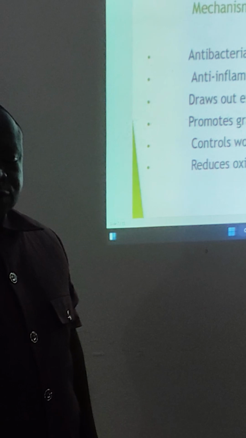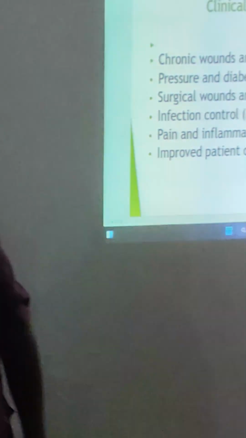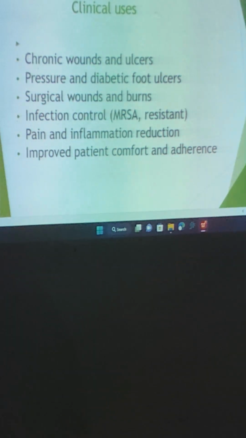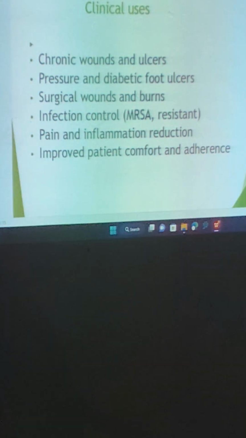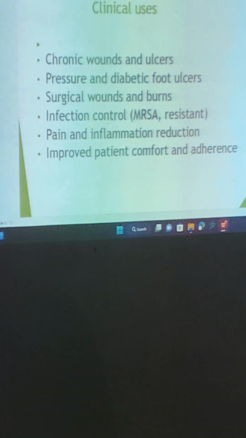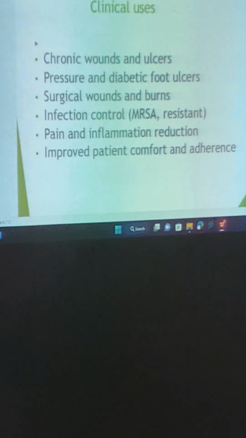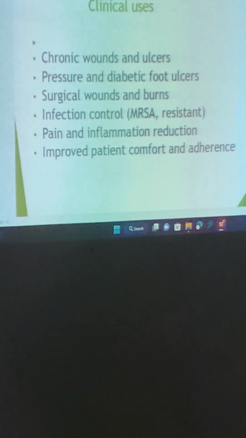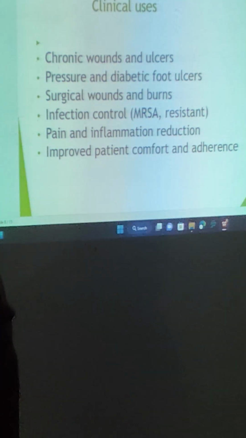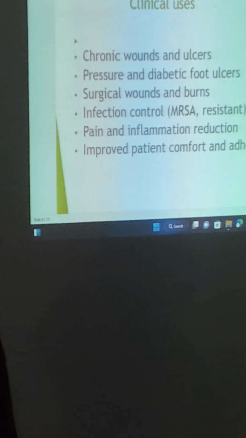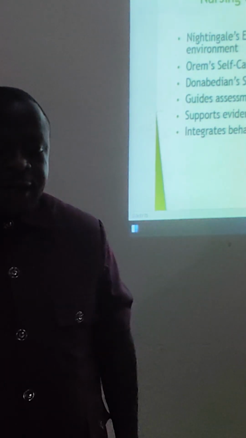It reduces oxidative stress. The clinical use of honey. Honey is used in chronic wounds and ulcers, pressure ulcers and diabetic foot, surgical wounds and burns. It is used in infection control and in inflammation reduction. It improves patient comfort and adherence.